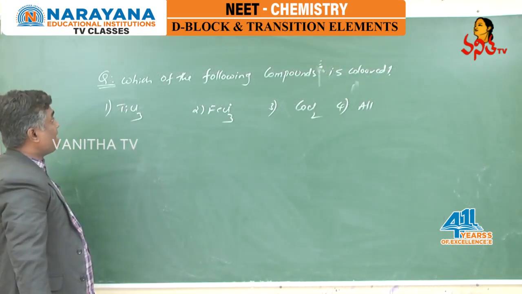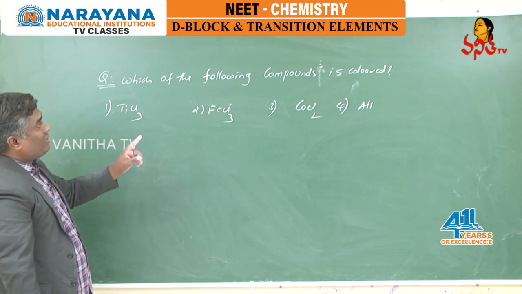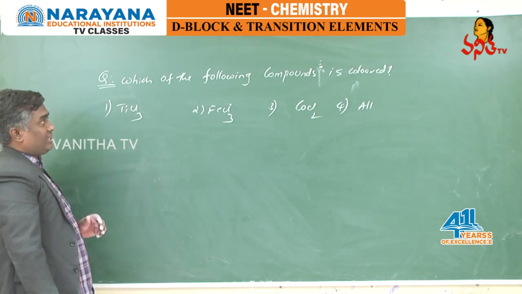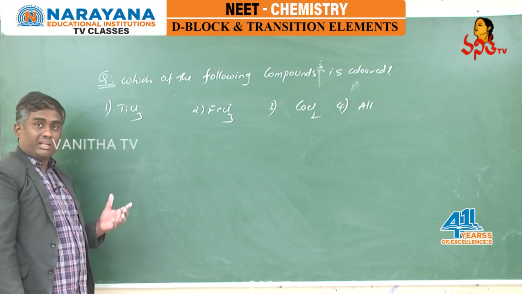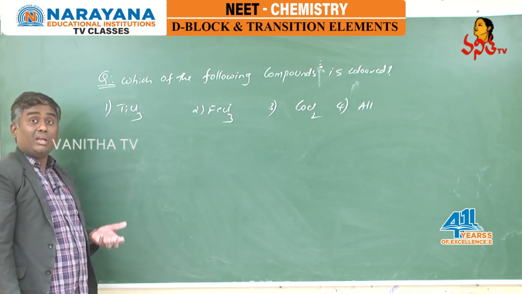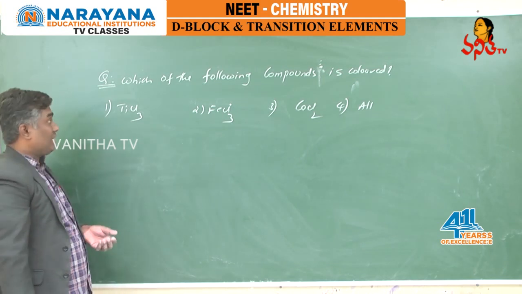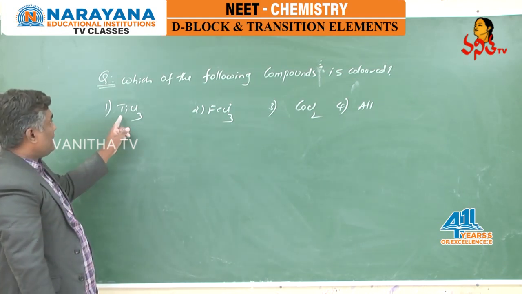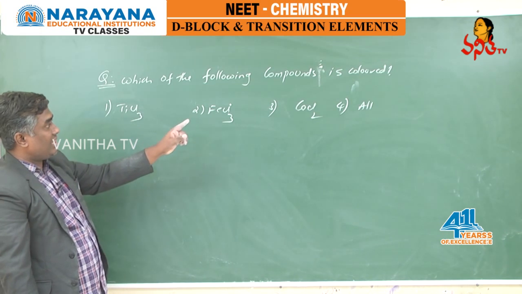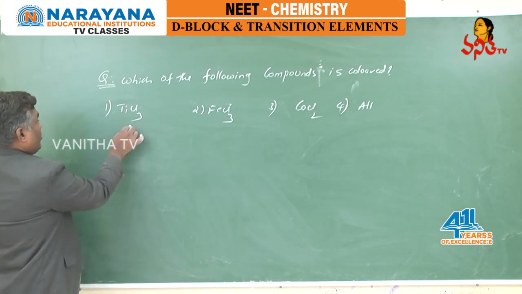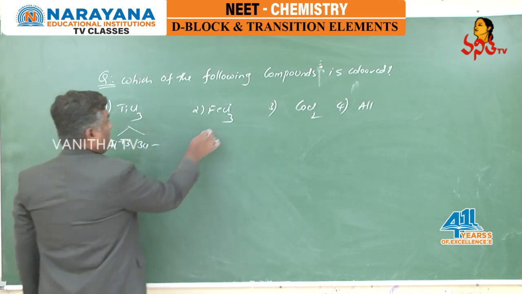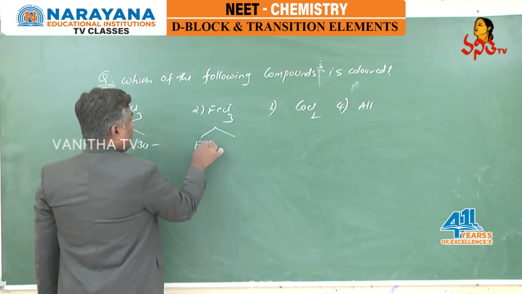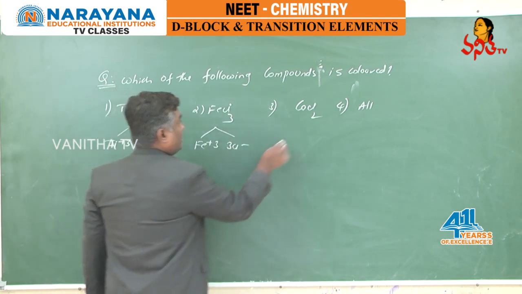And here the question is, which of the following compounds is colored? We already discussed that transition metal ions, their aqueous solutions and their compounds can exhibit color due to the presence of unpaired electrons. Options are TiCl3, FeCl3, CoCl2, students. If you break this, you will get Ti plus 3, 3Cl minus. If you break this, Fe plus 3, 3Cl minus.